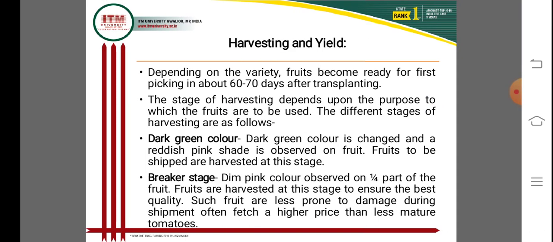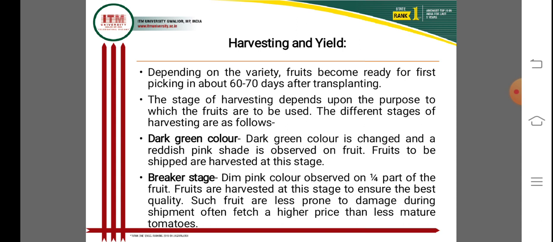Harvesting and yield of tomato depend upon the varieties. Fruits become ready for first picking about 60 to 70 days after the transplanting. The stage of harvesting depends upon the purpose for which the fruits are used, with different stages for different purposes.